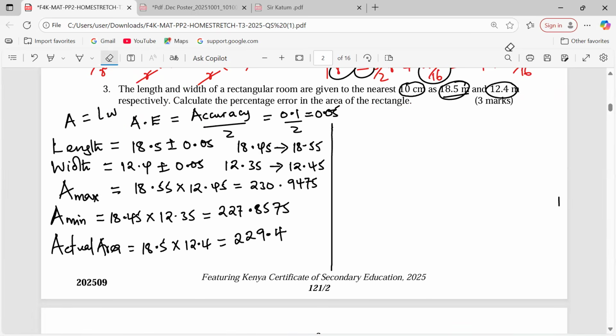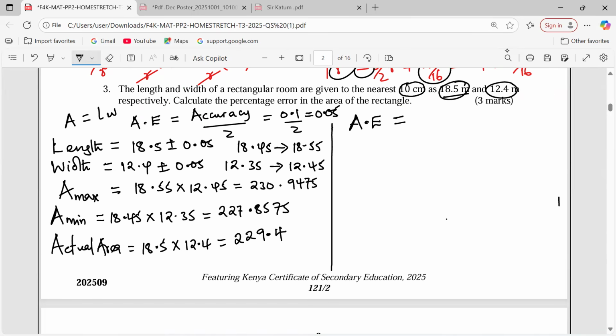So to proceed, we're supposed to know that absolute error in area is usually given by maximum minus minimum divided by 2. So we take 230.9475, we subtract 227.8575.